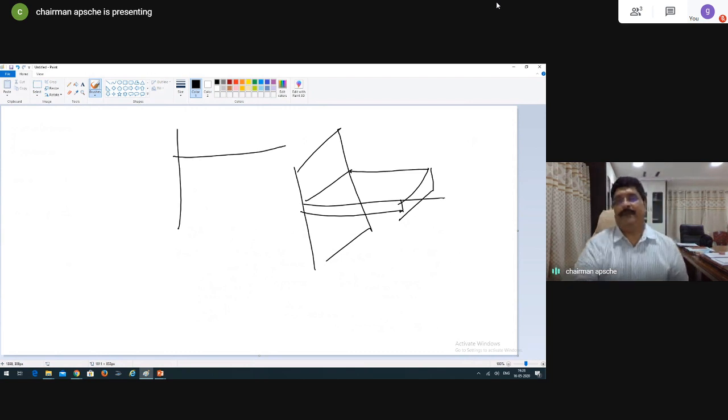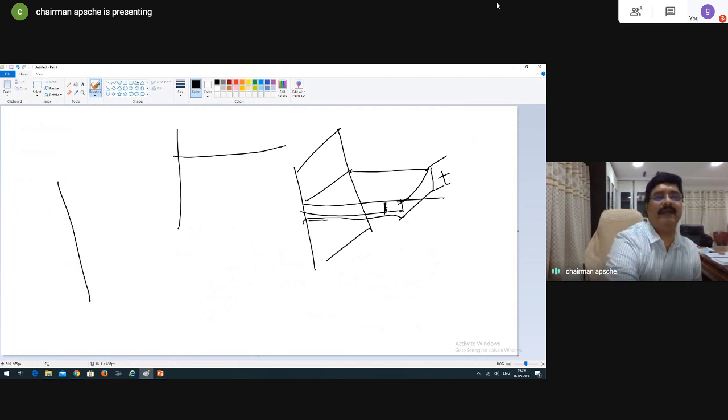Let me talk about a fin. This is the thickness I am talking about. If this thickness is enhanced, you are adding only this area. Instead, what you can do is halve this thickness and add 2 fins. Now, what happens when you halve the thickness and add 2 fins?